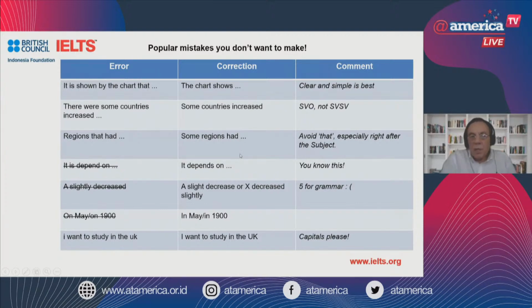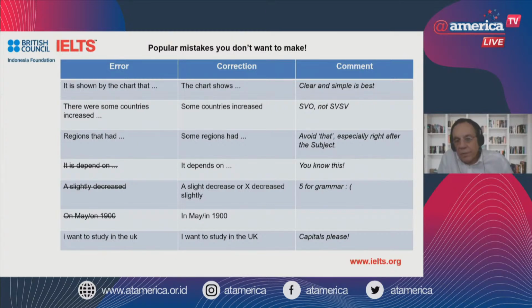Now, remember what I said a moment ago about baby mistakes, basic mistakes. It depends on, please. Check for these, you know this. And next one, "a slightly decreased". Sometimes I wish I had $1 for every time I'd seen that mistake. You had that class back in high school. It's a slight. When do you say slight? When do you say slightly? Ask yourselves, do you know that?